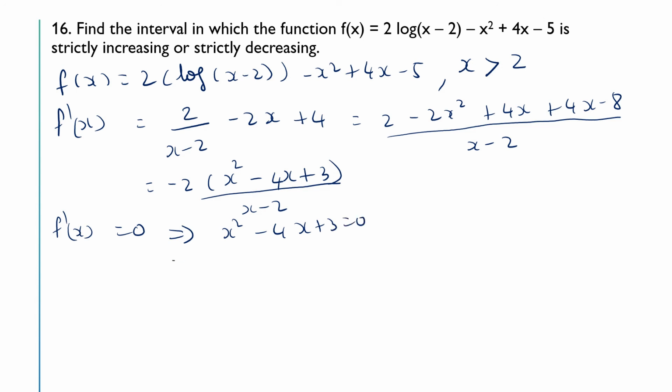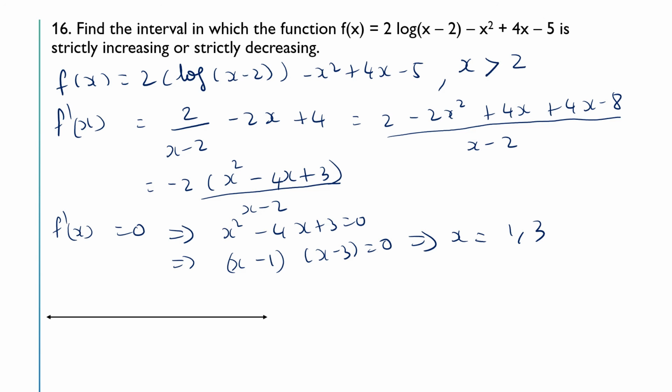Which means x minus 1 into x minus 3 equal to 0, or x is equal to 1 comma 3. So the entire interval is divided from minus infinity to 1, then 1 to 3 and from 3 to infinity.